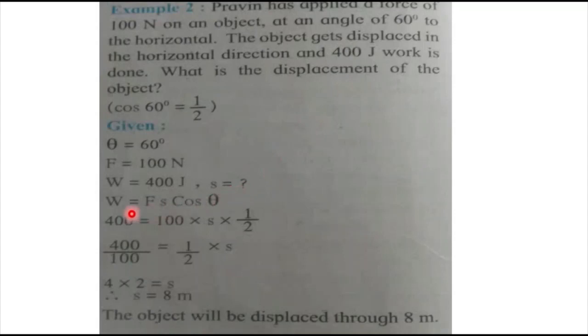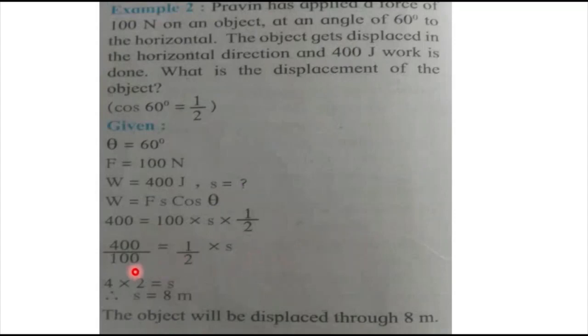Here we are using the formula work is equal to force into displacement into cos theta. Now using the given values, put W is equal to 400, force 100, displacement we don't know, so write down S as it is, into cos 60, 1 upon 2. Therefore 400 is equal to 100 into S into 1 upon 2.